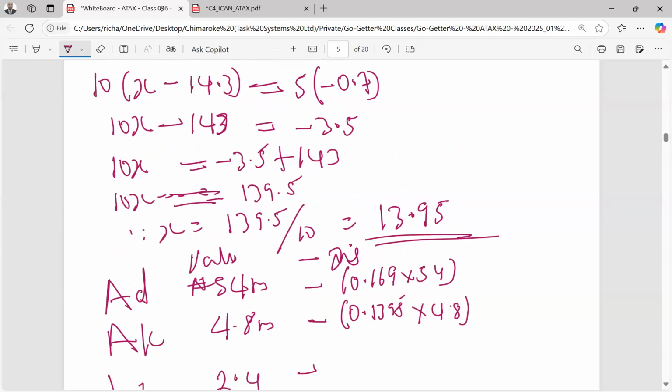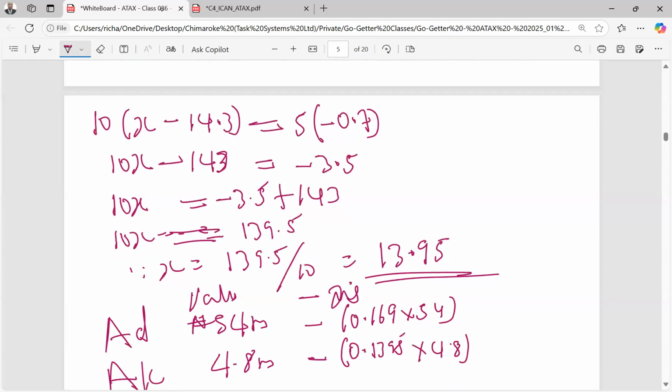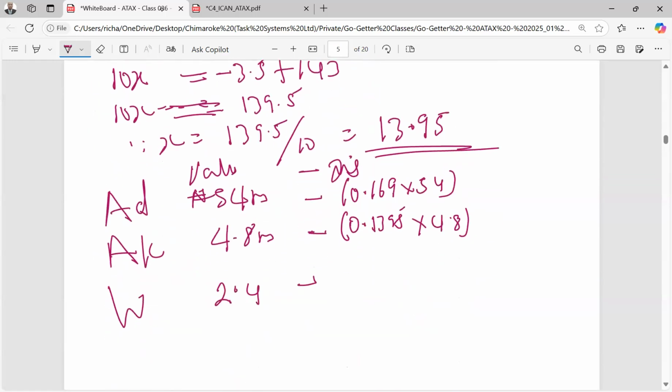Then this other one is 13.6. 0.136 times 2.4. Anything you get here is your value of gas.